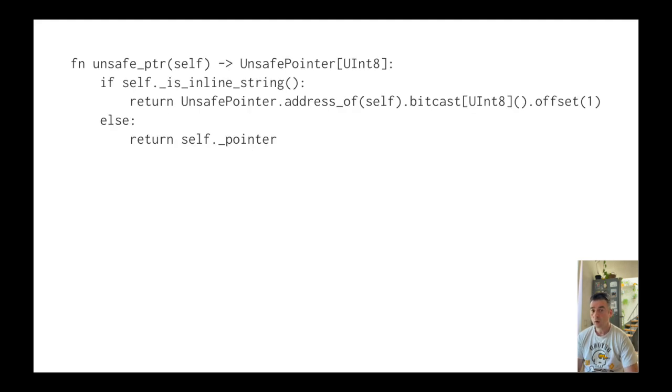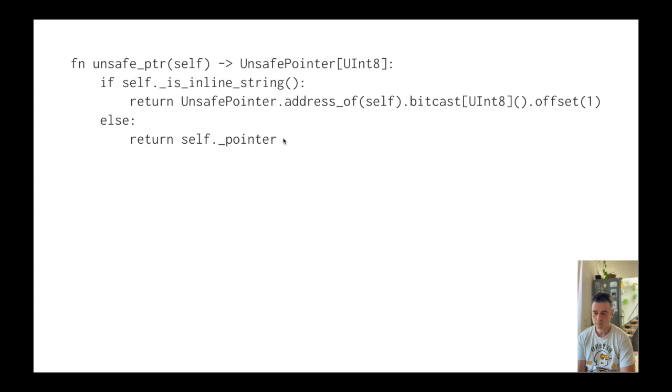What about if I want to get the pointer? Also relatively easy actually. If we are an inline string, then unsafe pointer, address of self, bit cast to UInt8, and then give the first offset. Again, we know that in the first byte we have the byte length if we are in an inline string, so just give this pointer here, and then it's all good.